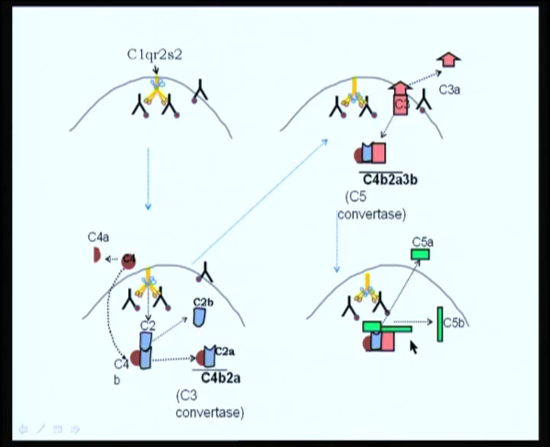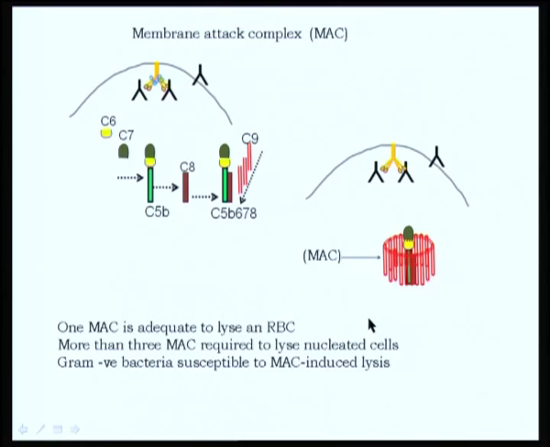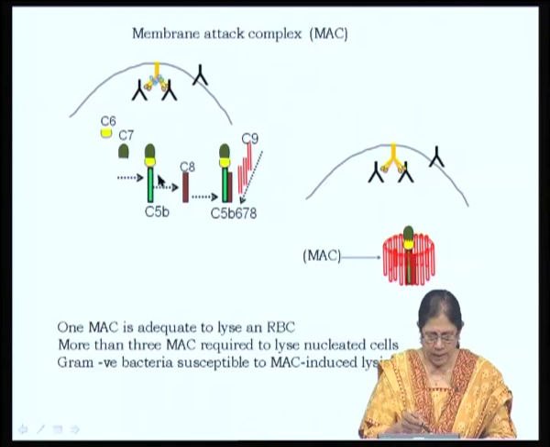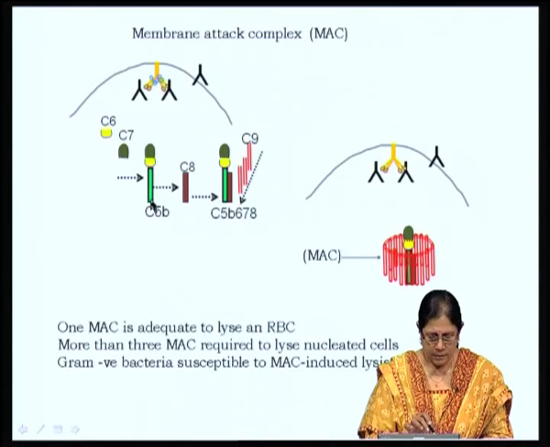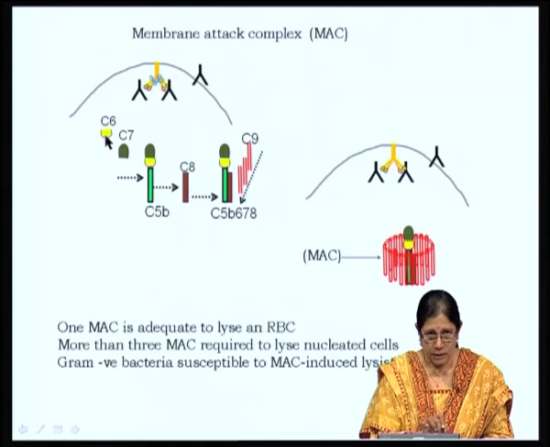Now, let us get back to the complex. We have now C5b, which is formed by the enzymatic cleavage of the whole C5 molecule. What happens next? Now, C5b has a tendency to bind to a surface membrane, but it is not very stable, and starts to degrade unless the next component, which is shown in yellow here, C6, binds to it.